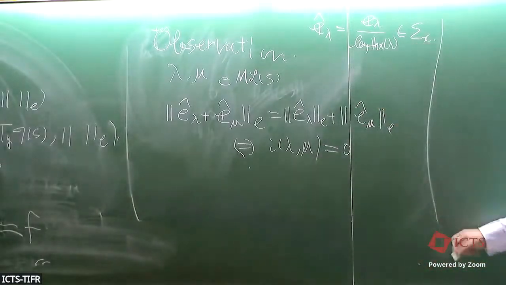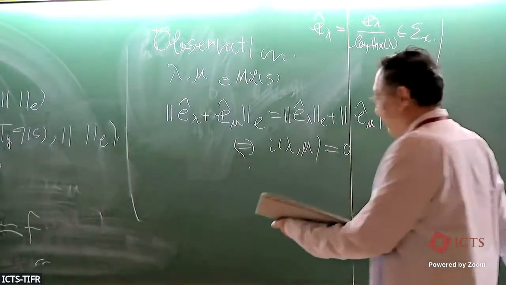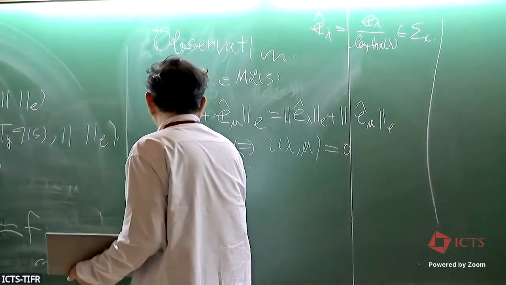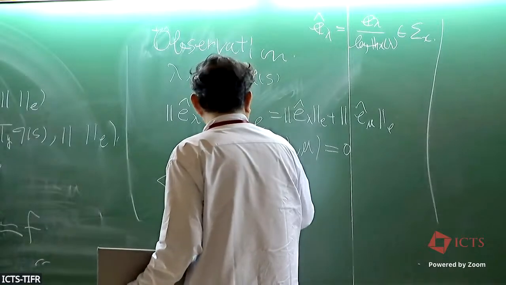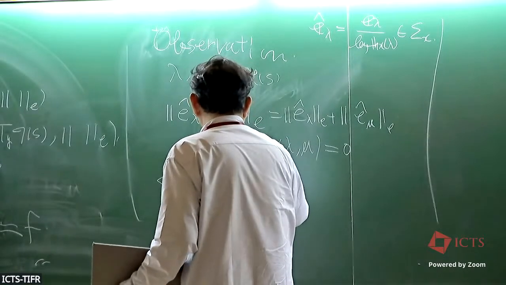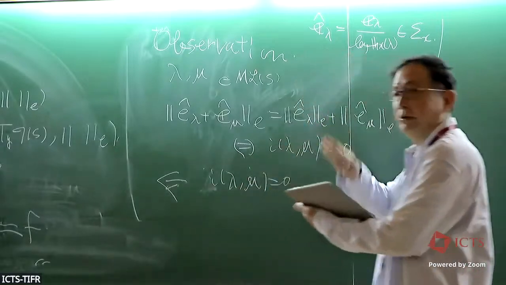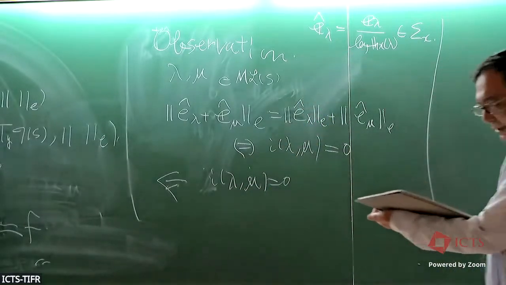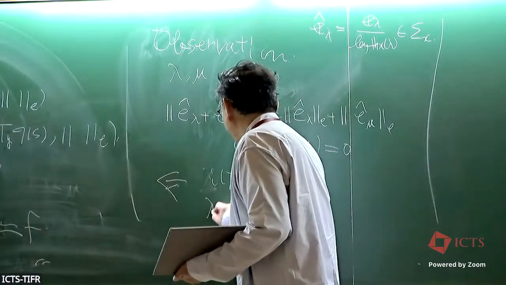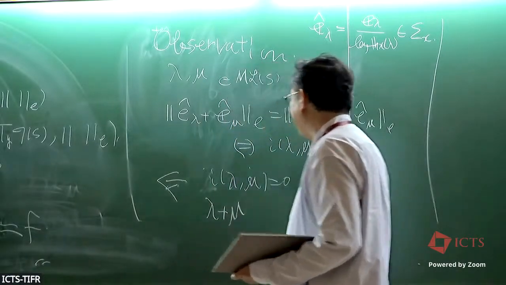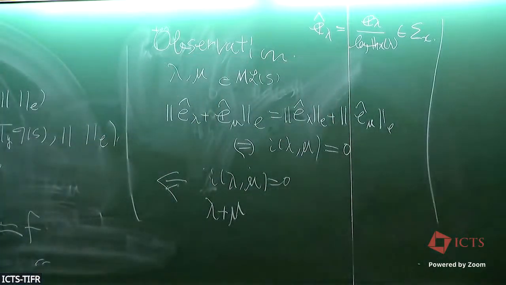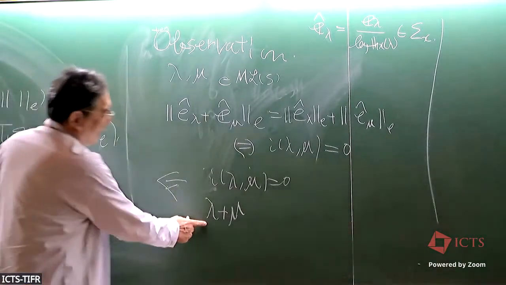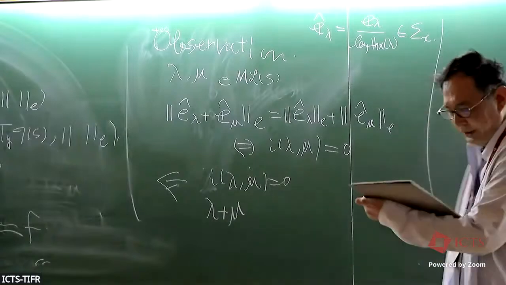Okay, so let me prove that. This direction is easier. If the intersection number is 0, so they don't intersect transversely, then we can consider the union, or the sum, of them. If they share some component, then we just add up their measures, and you can consider that this is the sum of these two.